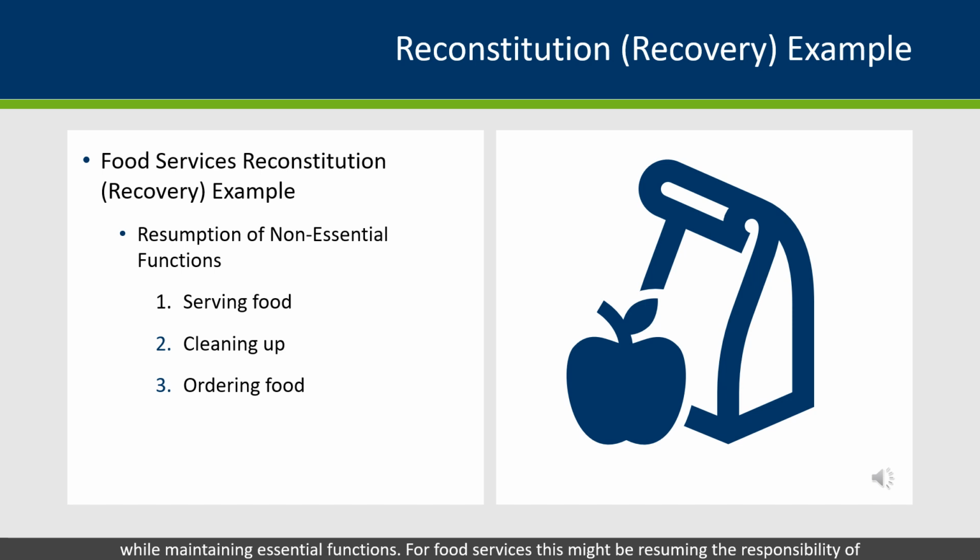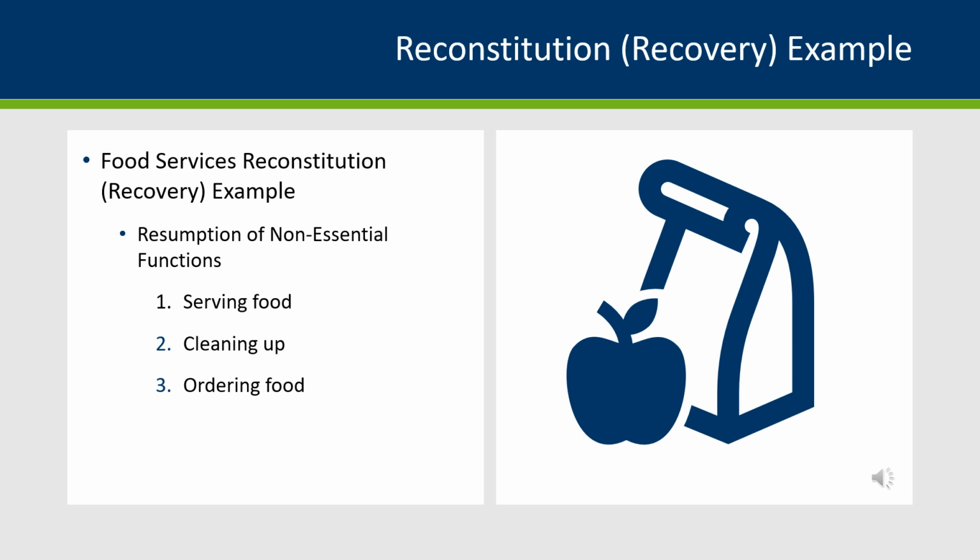For food services, this might be resuming the responsibility of serving food and then resuming cleaning up, which could include cleaning up the dining area or patient room trays, and finally resuming the responsibility of ordering food. This order prioritizes resuming the most time and labor-intensive activities first, but a department or organization may choose to approach this differently.